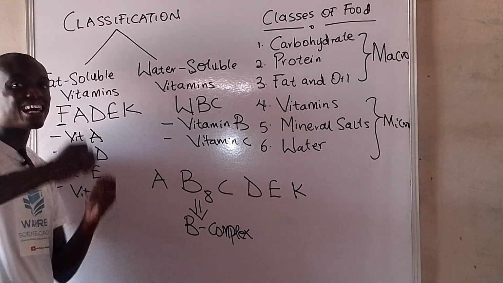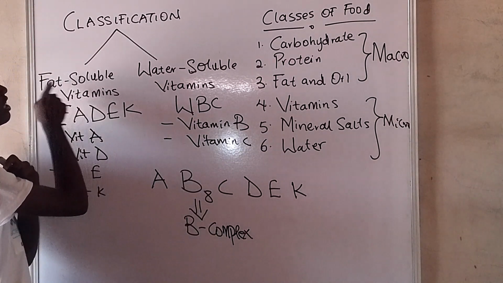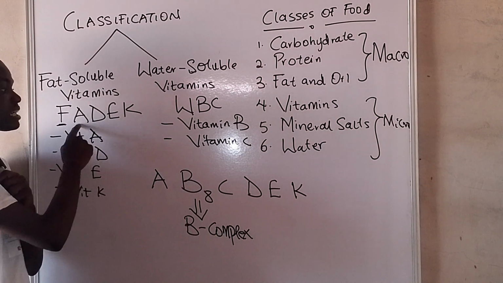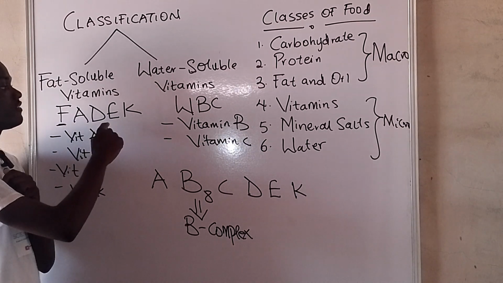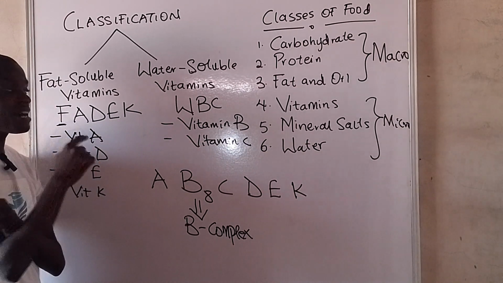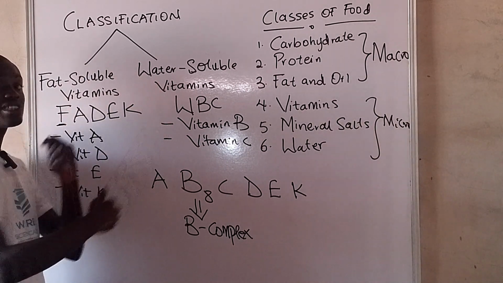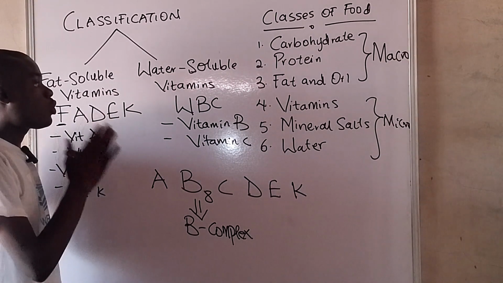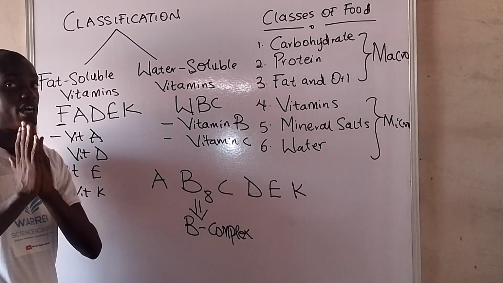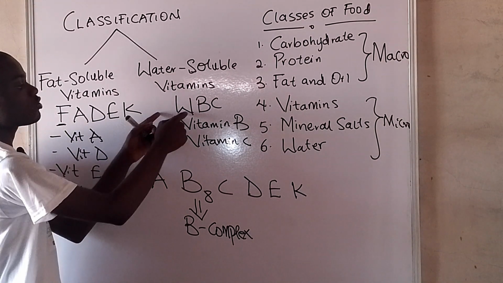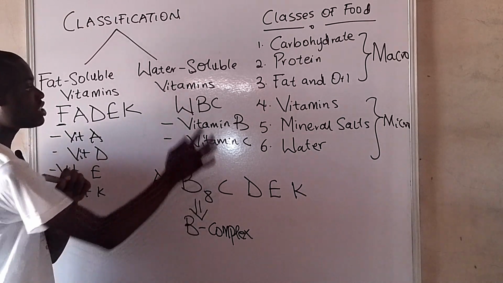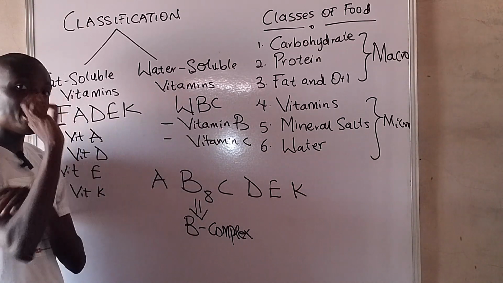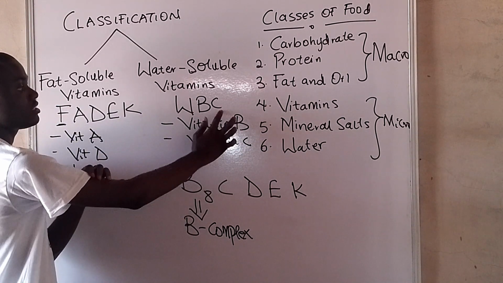There are some that can dissolve in fat, for that reason we call them fat-soluble vitamins, which are your vitamin A, vitamin D, vitamin E, and K. So to remember, FADEK. Then for those that can dissolve in water, they are called water-soluble vitamins, and to remember, the acronym white blood cell. So water-soluble vitamins are the 8 vitamin B, and then vitamin C.